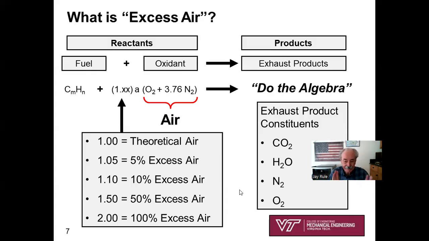And now by example problem, I'm trying to give you an idea of what excess air means. When this factor is 1.00, that's theoretical air. That's 0% excess air. That's stoichiometric air. That's 100% theoretical air. 1.00, that's the stoichiometric equation.